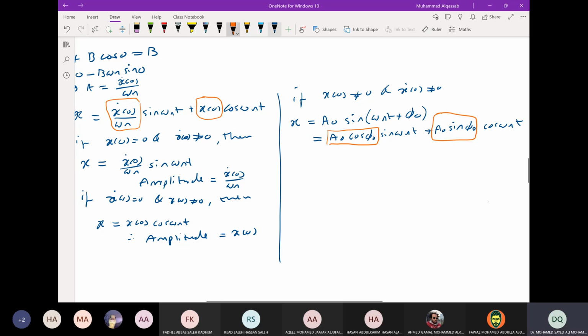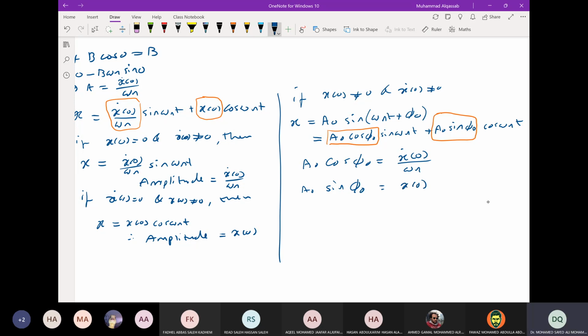Because a0 cosine phi 0 is multiplied by sine omega nt, and that is x dot at 0 divided by omega n. So you can write a0 cosine phi 0 equal to x dot at 0 divided by omega n, and a0 sine phi 0 equal to x0.